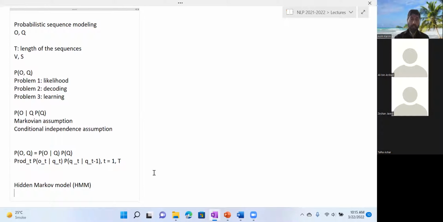Hidden because the states, of course, are hidden. Markov because we use the Markovian assumption. And of course, we also use the conditional independence assumption. So this was the overview of what we covered in the last lecture. Any questions?